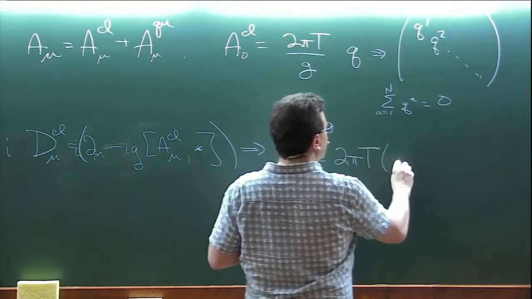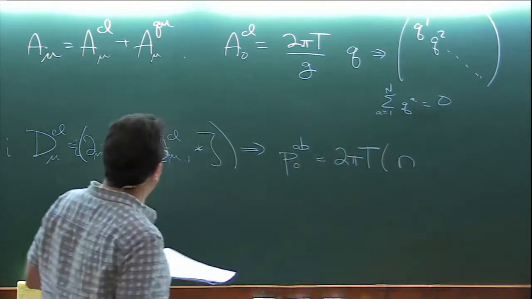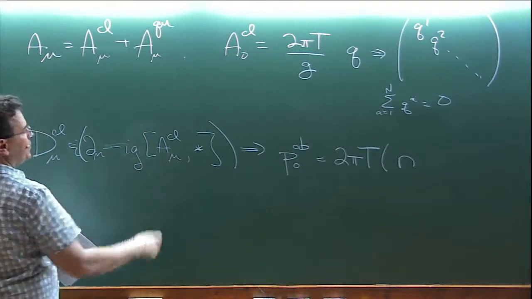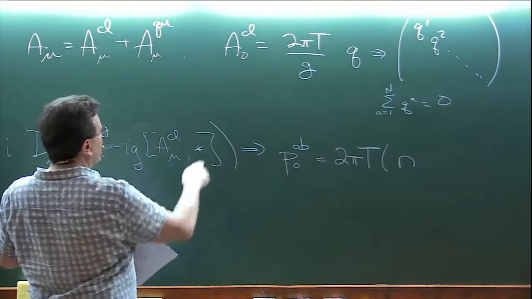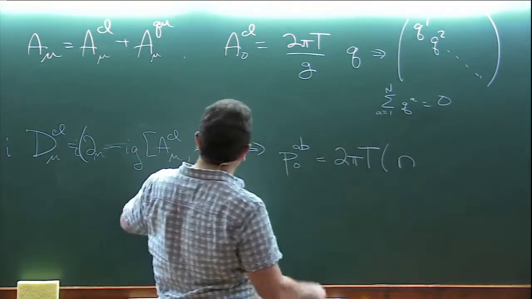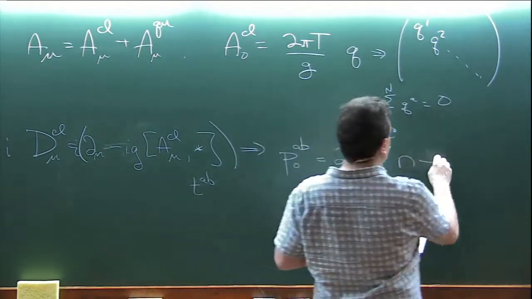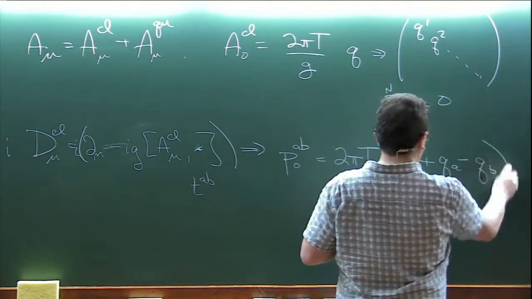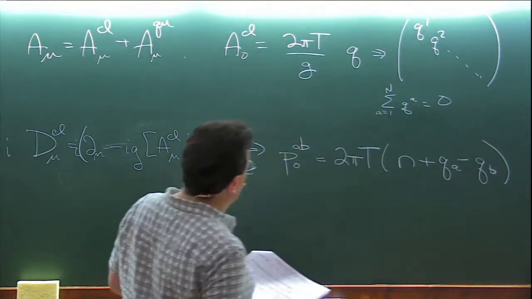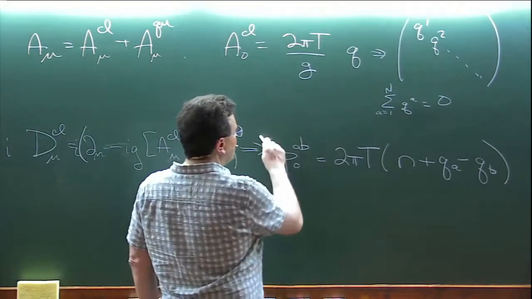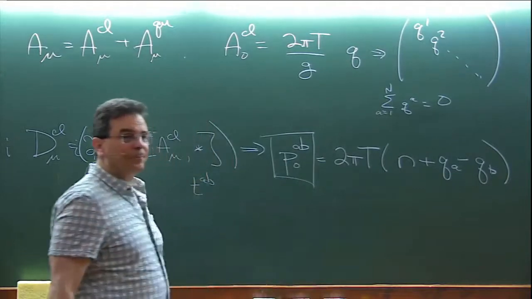You have 2 pi T times an integer n, and then because of this commutator, if this is a diagonal field, so if you have some matrix AB, if I act on one side, I'm going to get a Q_A. If I act on the other side, I'm going to get a Q_B. So it's basically everything you do normally, except you have these funny AB indices floating about.